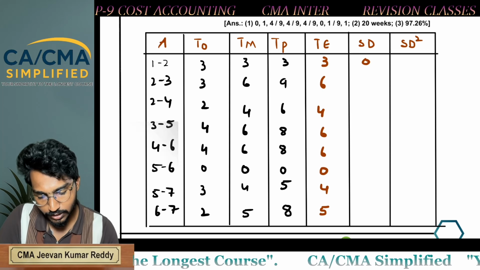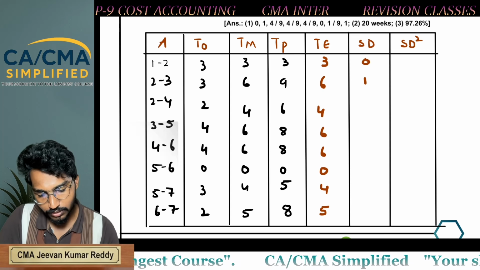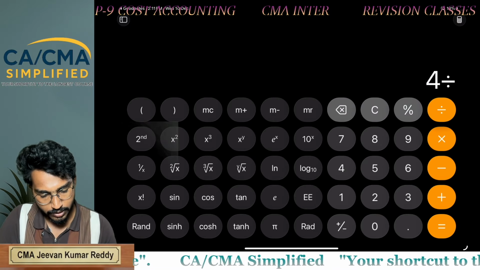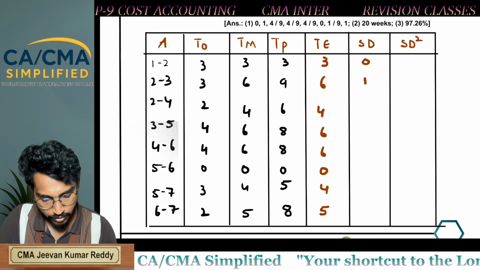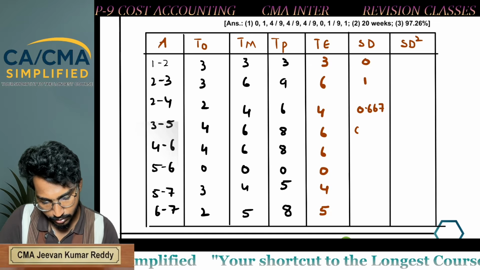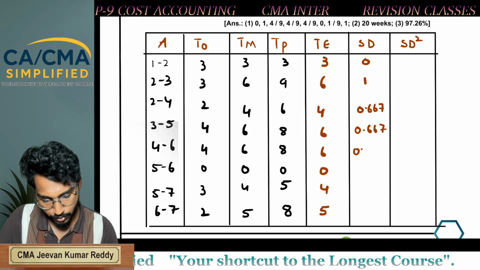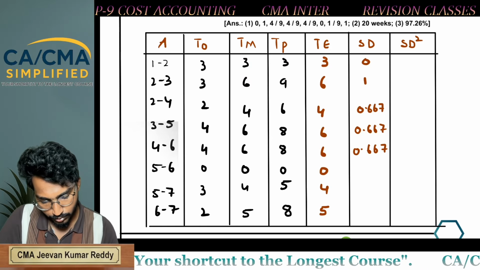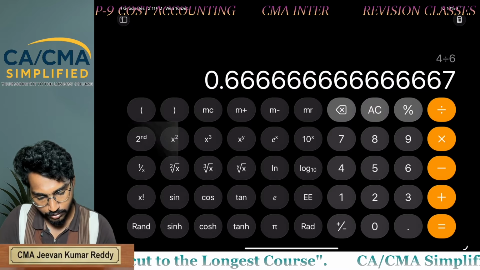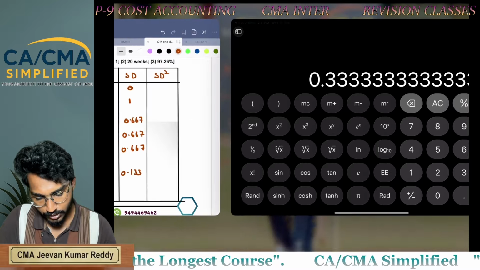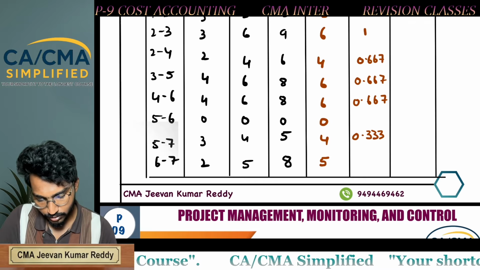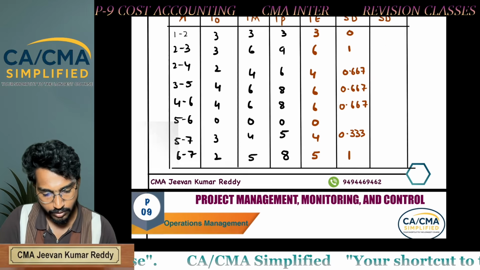Next, 6 divided by 6 is 1. Then 4 divided by 6 is 0.667, again 0.667, and 0.667. Then 0.133, and 2 divided by 6 is 0.333.